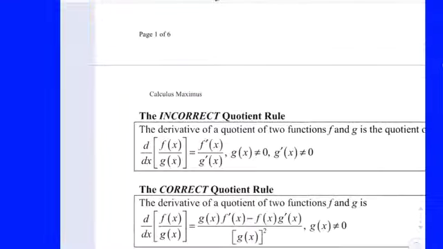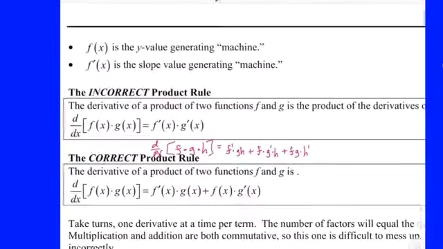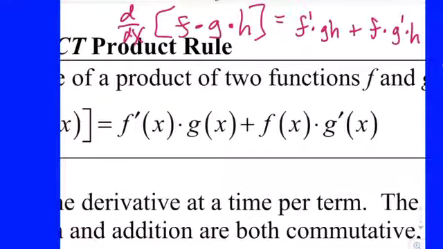Now, in the product rule, let's come back up here. In the product rule, it's really hard to mess it up, right? It's really, really hard to mess up the product rule as long as you have the spirit of taking turns, right? Because the terms are always added and addition is commutative, and the factors are multiplied and multiplication is commutative. So it really doesn't matter the order.